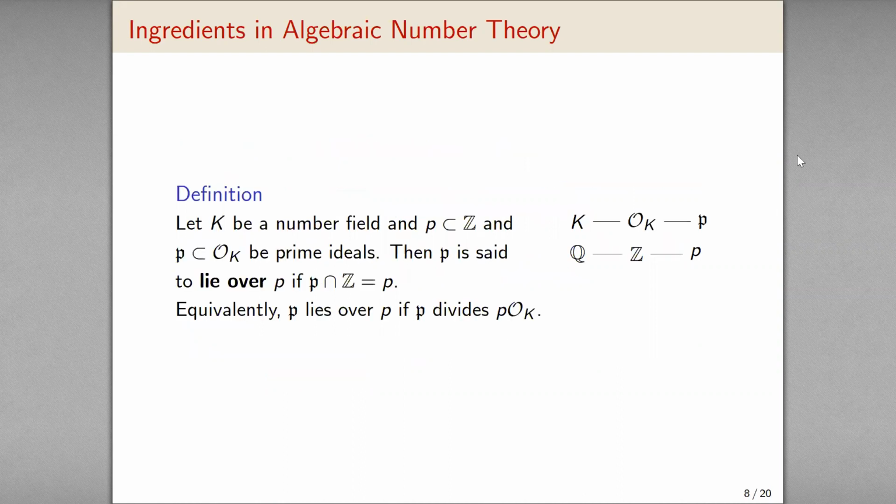We have another definition. If K is a number field, p is a prime in Z, and curly P is a prime in O_K, then we say that curly P lies over p if the intersection of Z and curly P is equal to pZ. Or equivalently, we say that curly P lies over p if curly P divides p O_K.